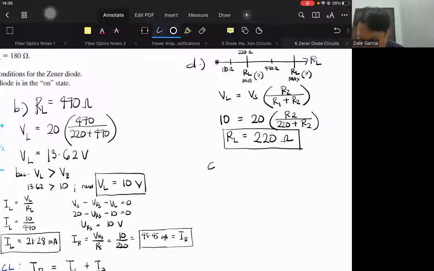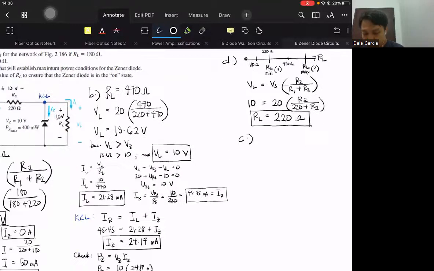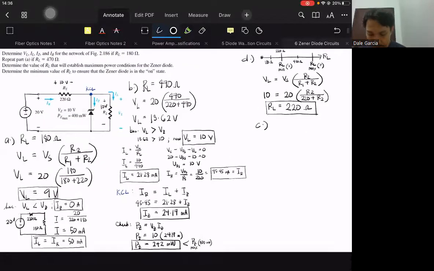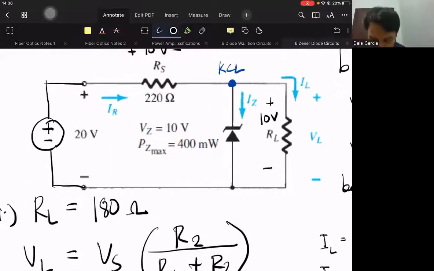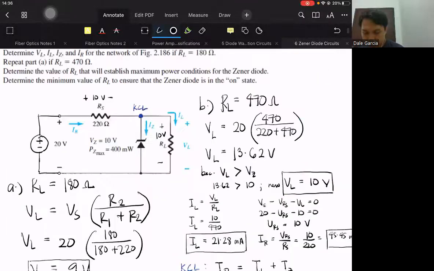Let's solve for C, the maximum value. Where will we know the maximum value of RL? We'll utilize PZ max. PZ max is 400 milliwatts.